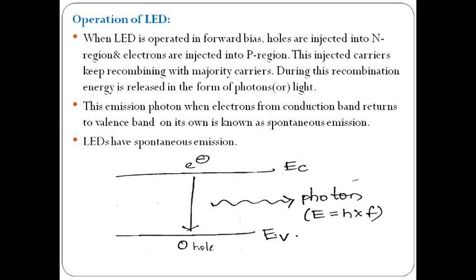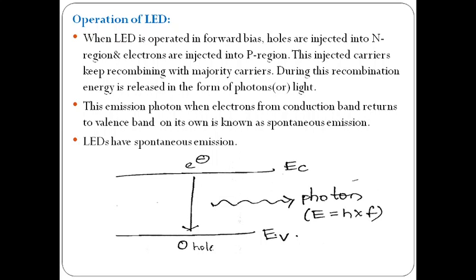So these electrons will recombine with the holes. In this recombination process, what happens? It is nothing but a direct recombination, because it is a direct band gap material. In this direct recombination, energy will be released in the form of photons or light.